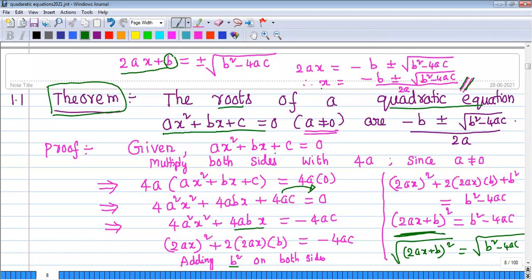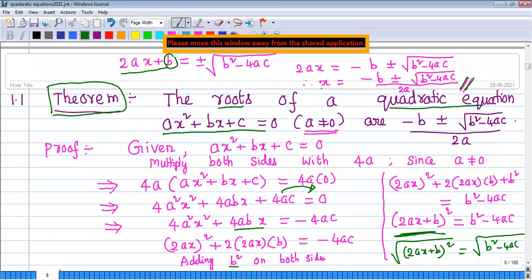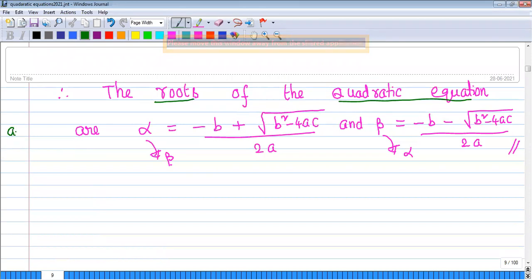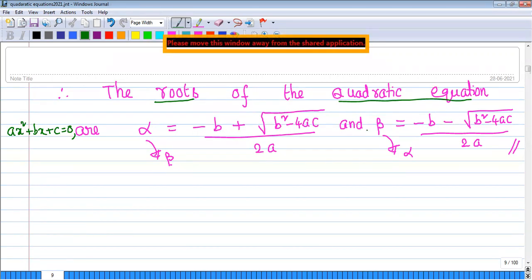That we have discussed last session. So we have written like this. The roots of the quadratic equation ax square plus bx plus c is equal to 0 are alpha is equal to minus b plus root of b square minus 4ac by 2a and beta is equal to minus b minus root of b square minus 4ac by 2a.